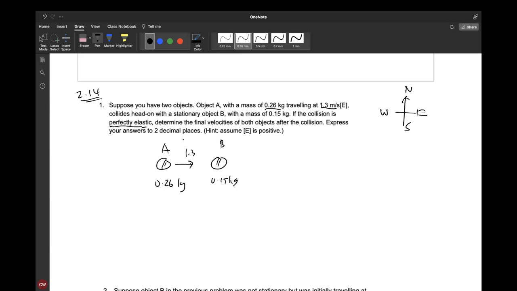Perfectly elastic. We have to determine the final speed. A is going to move with a new speed, B also moves with a new speed, and we need to find the final speed of both of them.